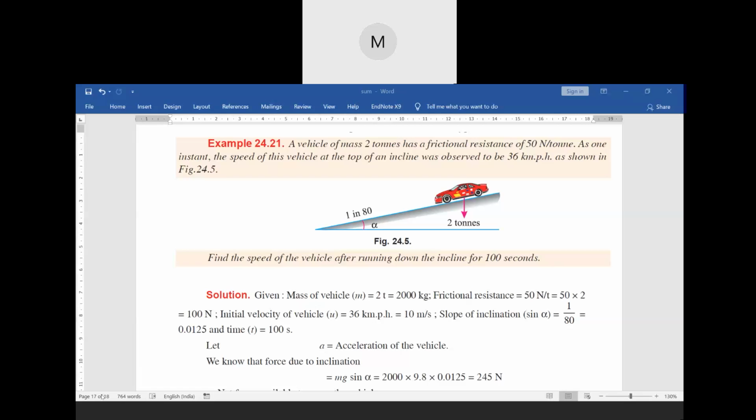After that, the frictional force F, it is given as how much?